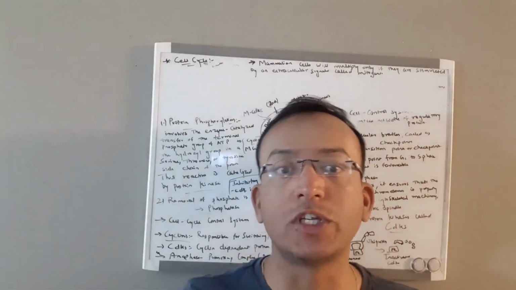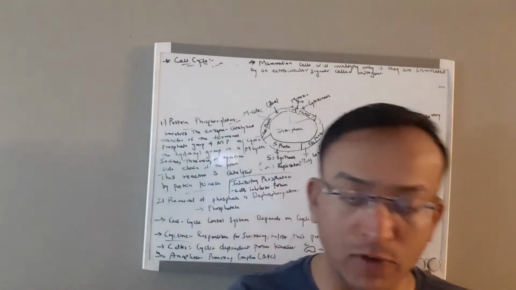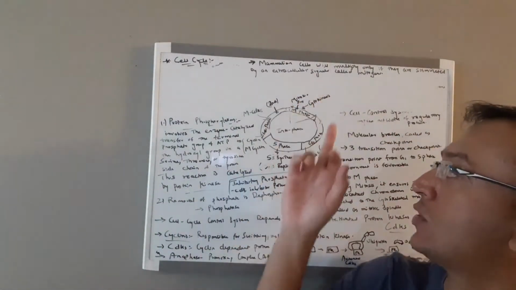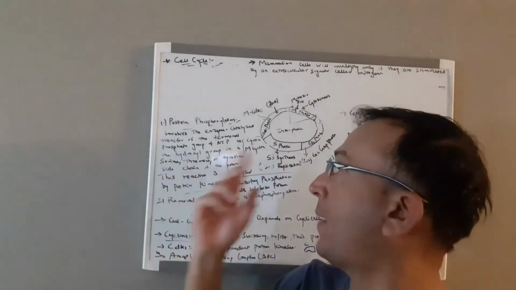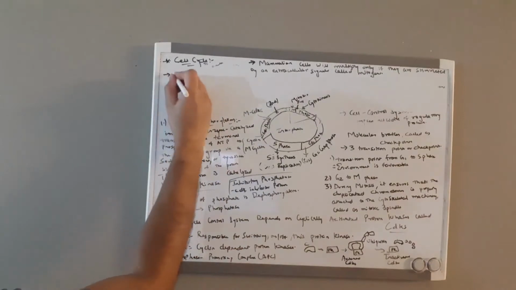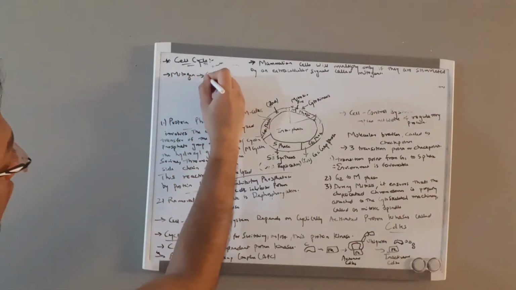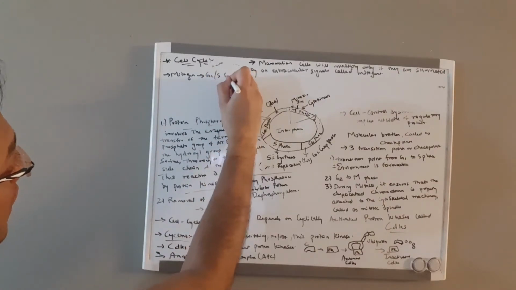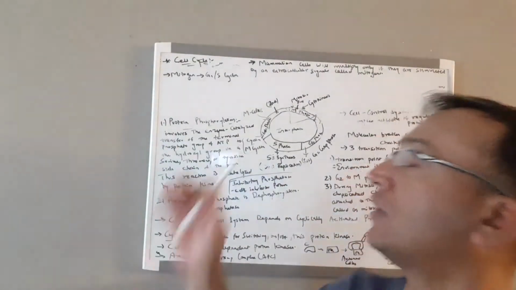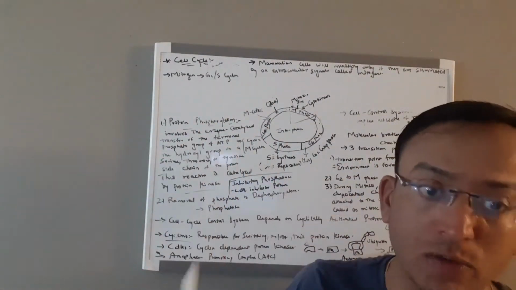Mitogen acts by switching on cell signaling pathways that stimulate the synthesis of G1 cyclin or G1/S cyclin. For example, this is mitogen. It will act on G1/S cyclin and other proteins that are involved in DNA synthesis and chromosome duplication.